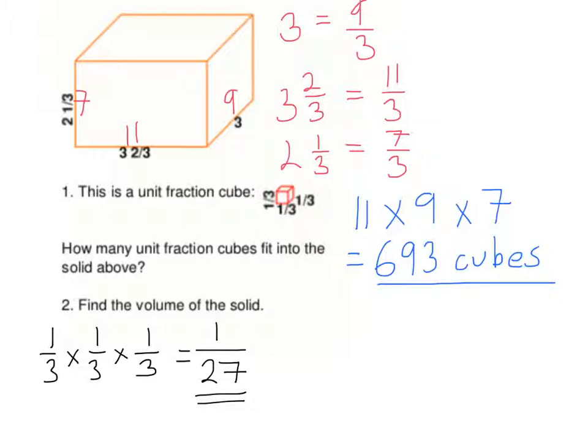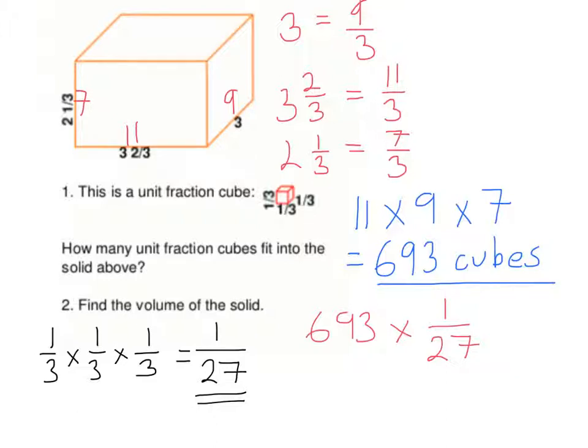So that's 1/27 of a full cubic unit in this case, and we know we've got 693 cubes, and each cube represents 1/27 of a cubic unit. So in order to find out the volume of the solid, all we have to do is multiply 693 by 1/27.